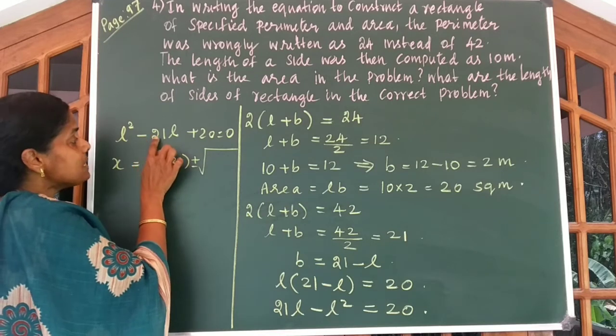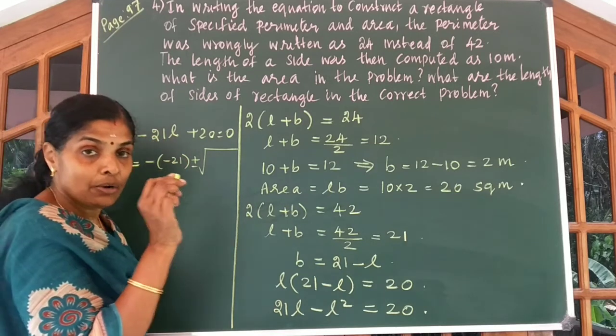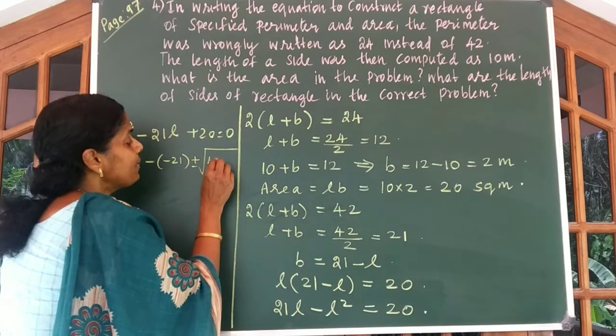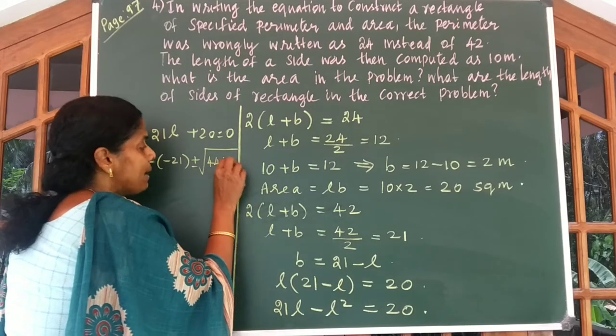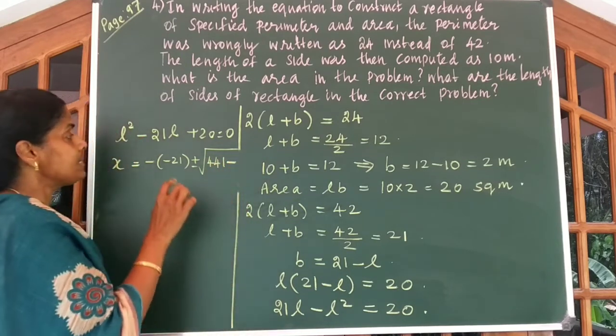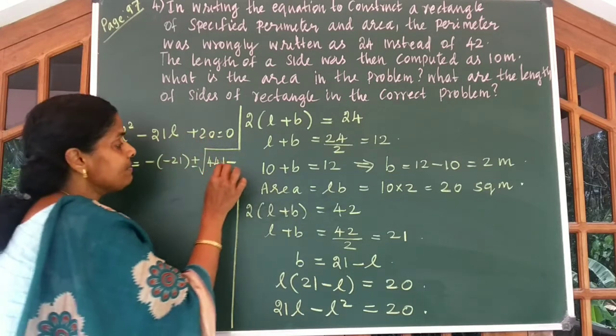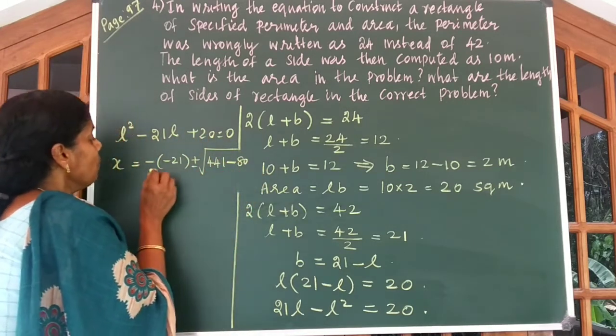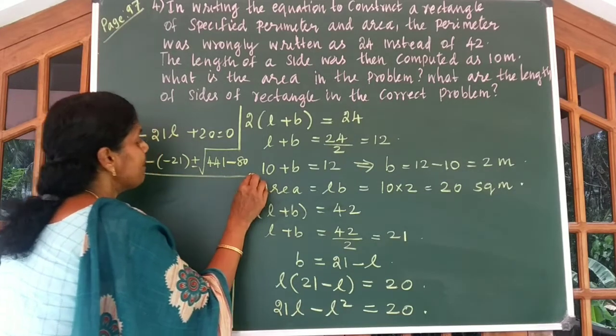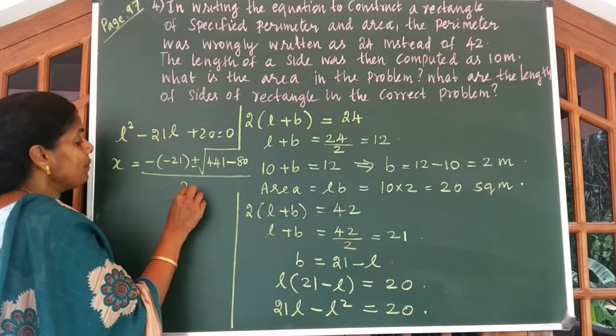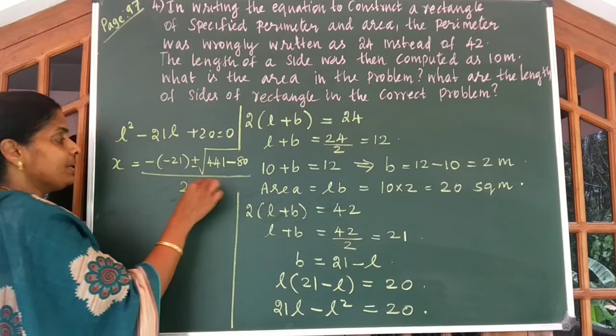B square is minus 21 the whole square. You get 441 minus 4AC. 4 into 1 into 20 gives you 80. Whole thing divided by 2A. 2 into A value is 1.